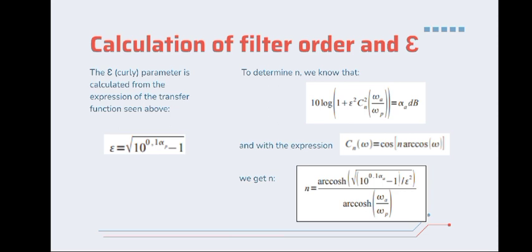Now to find the order of the filter, we must keep in mind this equation, which is the minimum attenuation in decibels, and the expression of the polynomials to solve for the order of the filter, which will look like this.